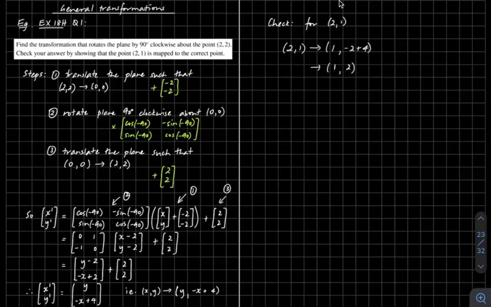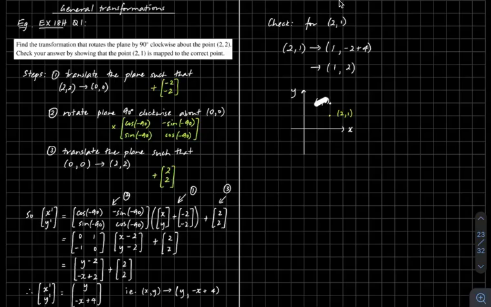So let's do a quick sketch and see whether that makes sense. We're starting here, here's the point 2, 2, and we're saying what happens to the point with coordinates 2, 1. So there's 2, 1, and we're saying let's rotate it clockwise by 90 degrees about that center.